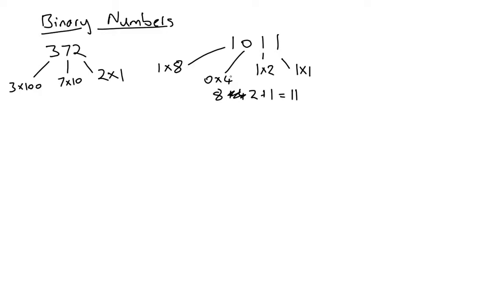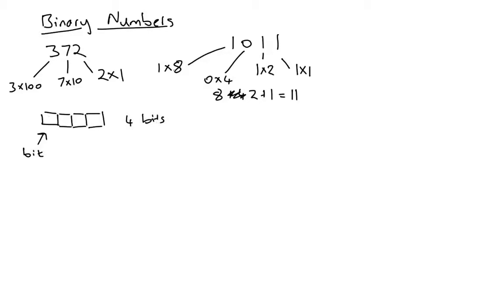The reason this is important is that the computer's memory is organized like a series of cells, and each cell is called a bit. So we've got 4 bits here.